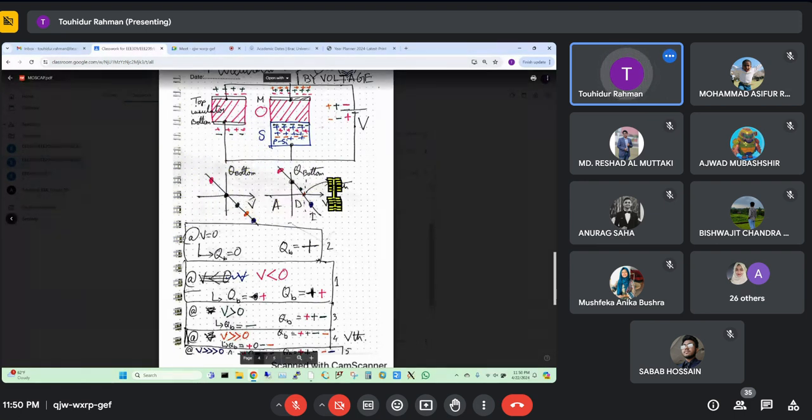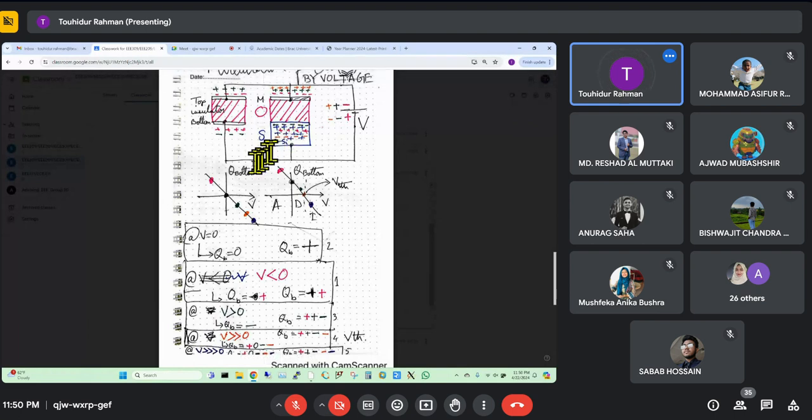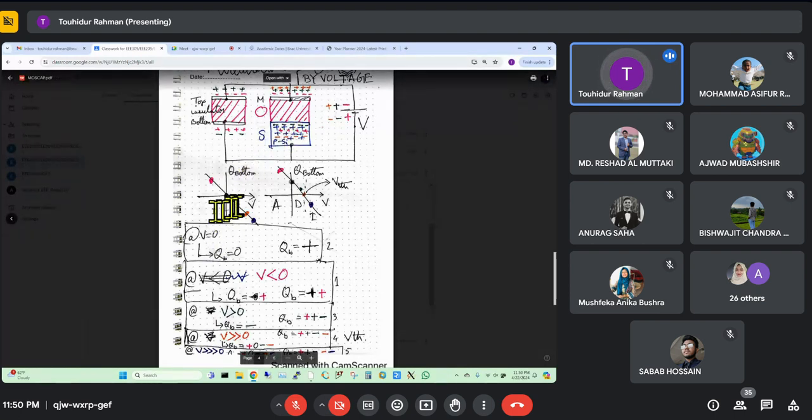Now, here we have two plots, one for the parallel plate capacitor and one for the MOS capacitor. For both capacitors, we are going to plot the charge at the bottom plate versus the voltage. When we apply negative voltage, we have positive charge at the bottom plate. So that is defined.